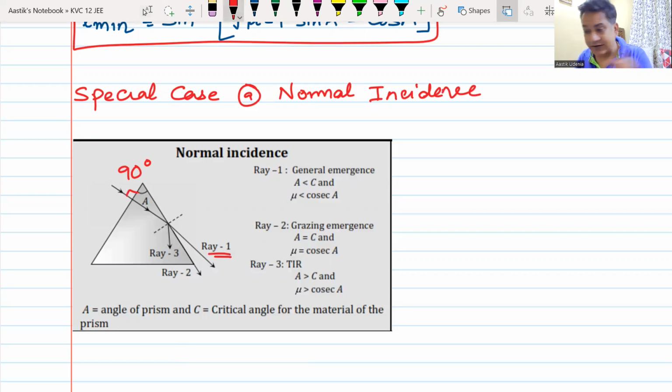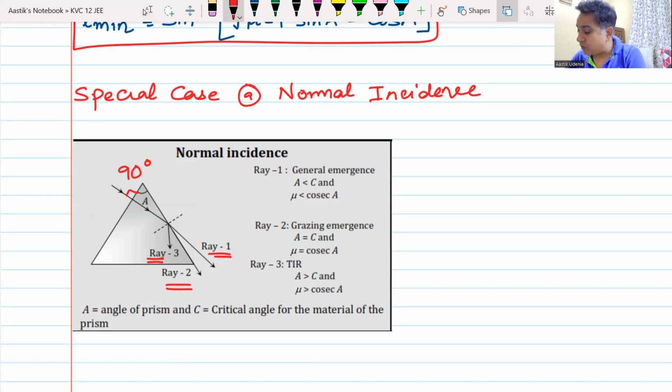Case number one, ray emerging out. Case number two, ray coming out at 90 degrees. And case number three, ray getting total internally reflected. We solved the same question in the last class, where they were asking what is the base angle for the ray to emerge out. This is a special case of that same thing.